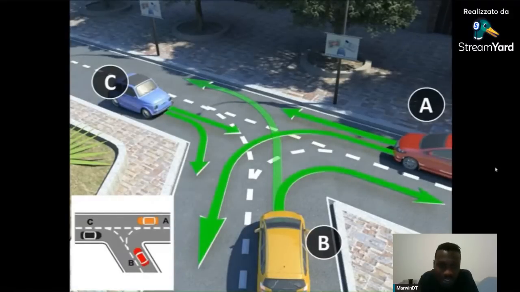What are the directions allowed for the red car? To turn to the left and to go straight. What are the directions allowed for the blue car, which is the letter C? The blue car can go straight or turn to the right. Do you understand what I'm showing you? Yes or no?